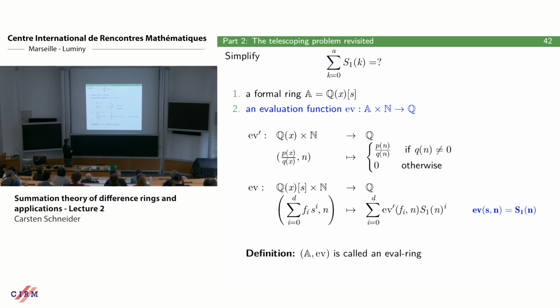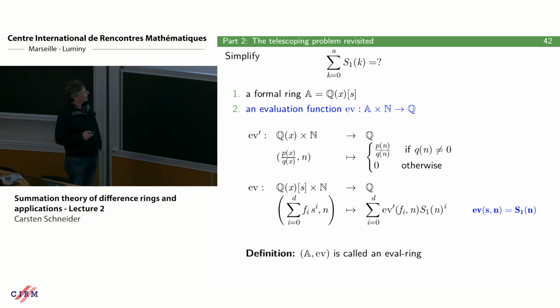That already tells us completely how we should naturally extend this map. If we take a polynomial where the f_i are elements from the rational functions, then we evaluate like a homomorphism. We carry over the evaluation map to the elements. The coefficients are rational functions, and I have defined already how to evaluate them, so I use that map.